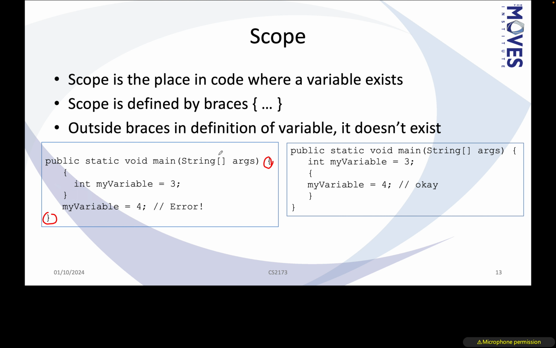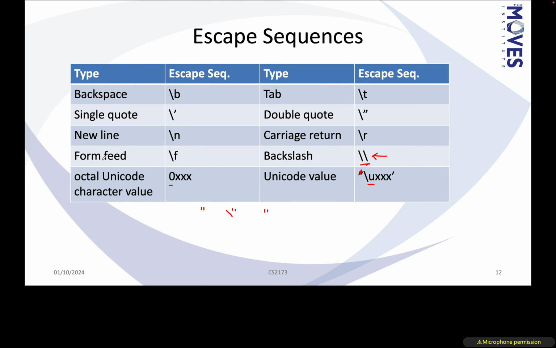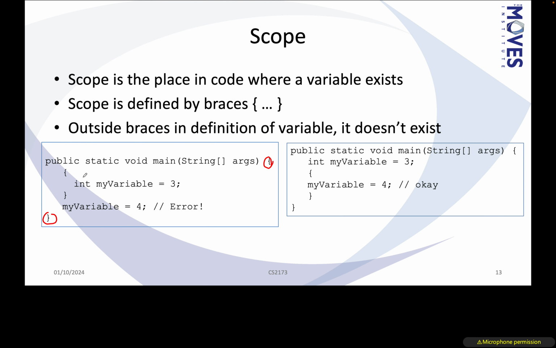But okay, what is meant by scope? Scope is the area, the region in which a variable exists. Notice I've declared this variable, and its scope is only within these curly braces.